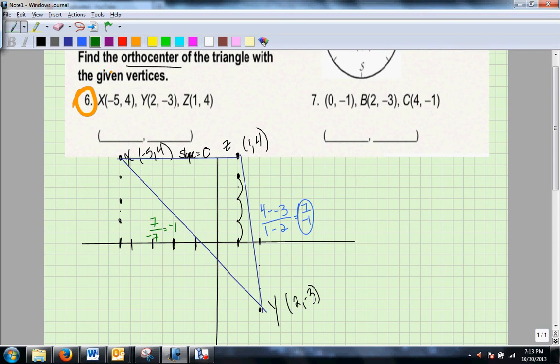So the first thing I want to do is choose my slope here. So I'm going to draw an altitude and make it at a right angle, and we know that the slope of the line perpendicular to this is going to be positive 1. So down 1 over 1, down 1 over 1, positive 1.